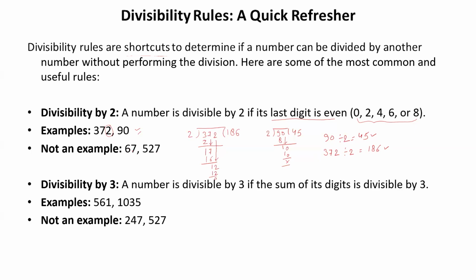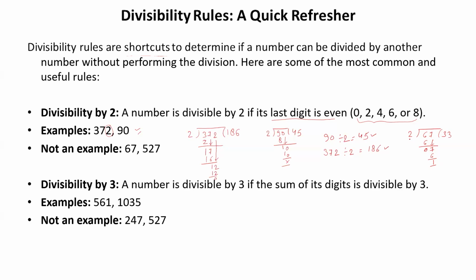Now look at some numbers where the last digit is not one of them. Let's look at 67 and try to divide 67 by 2 and see whether it is divisible. So 2 3s are 6, remainder 0. Take this 7 down. Again 2 3s are 6, remainder is 1. So 67 is not divisible by 2.